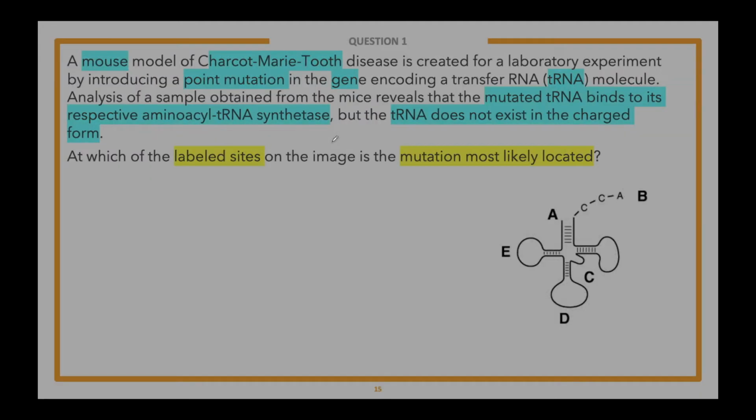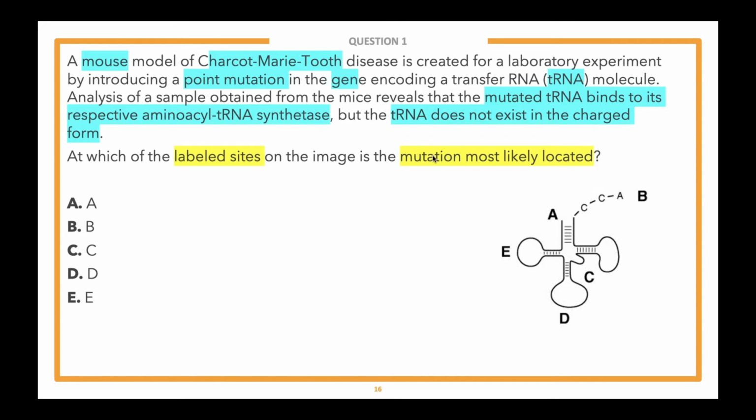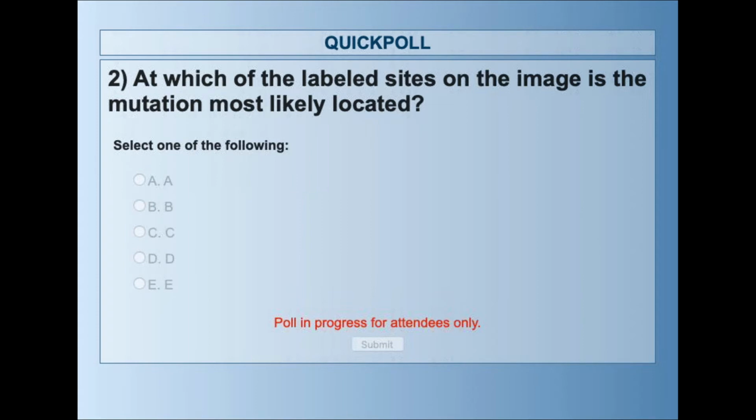As you can imagine, it's probably going to be, as we work our way up, E, D, C, B, and A. So make sure you take a good look at that image, okay? They're asking where on that image a mutation is most likely located, okay? So we're going to go ahead and open up that poll. Go ahead and select the answer you think is the best answer, and we'll talk about it in just a few seconds.